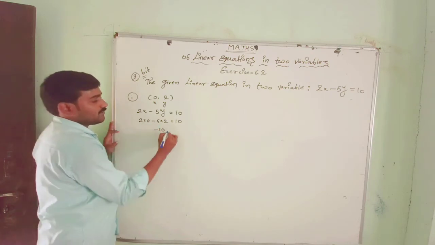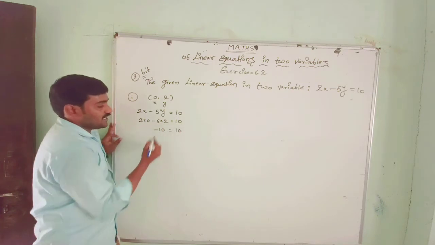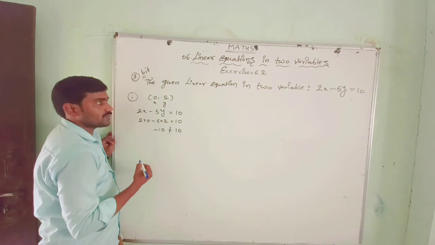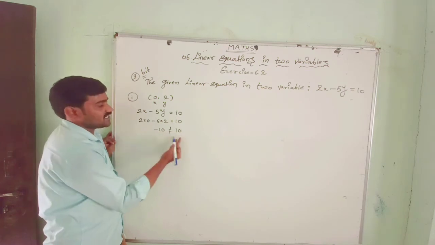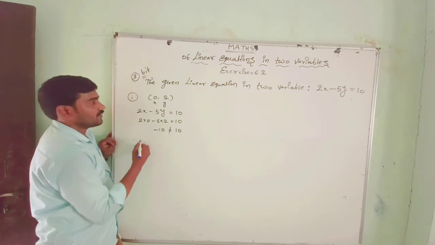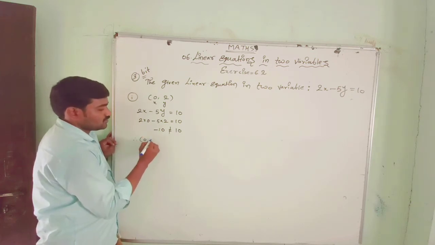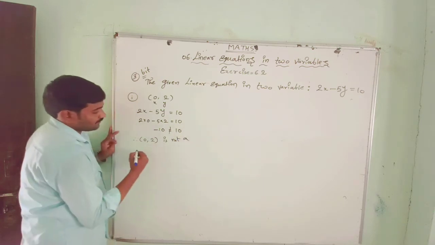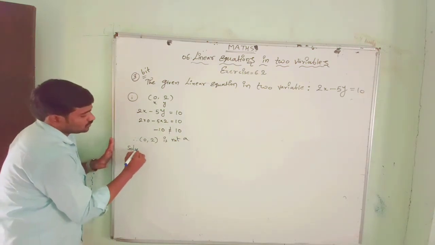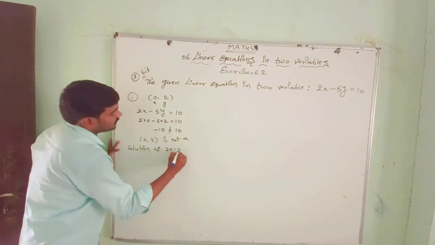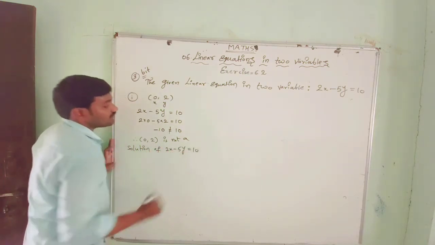Is minus 10 equal to 10? No. Minus 10 is not equal to plus 10. Therefore, (0, 2) is not a solution of 2x minus 5y equal to 10.